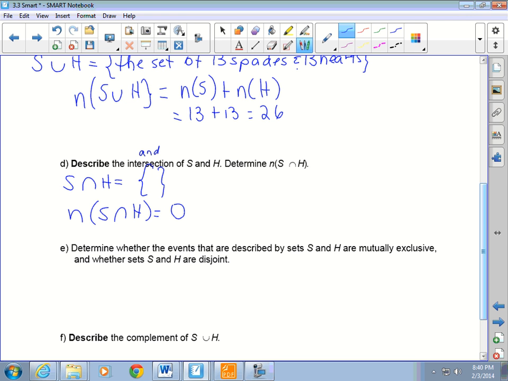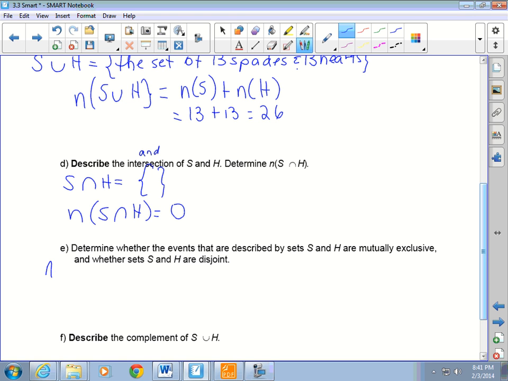So between S and H we can have a union, but we do not have a situation where we can draw a spade and a heart. So that means that the event of you getting a spade and a heart are mutually exclusive. It means they both can't happen at the same time. You'd have one or the other.